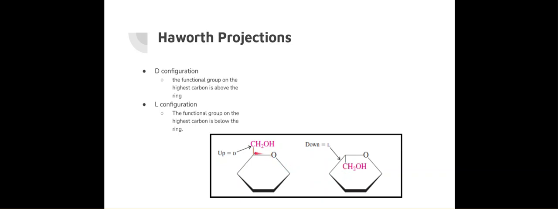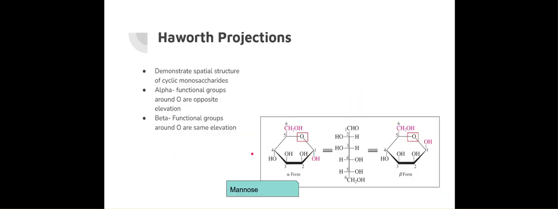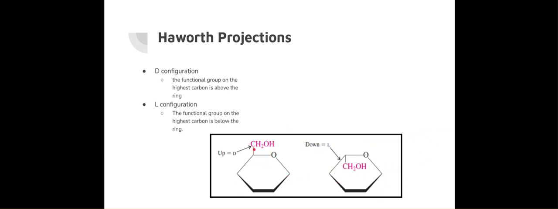So you look at that highest carbon from the original, if you put this at the top, then if it forms above the ring, that's telling you it's a D isomer, and if it's below the ring, it's an L isomer.